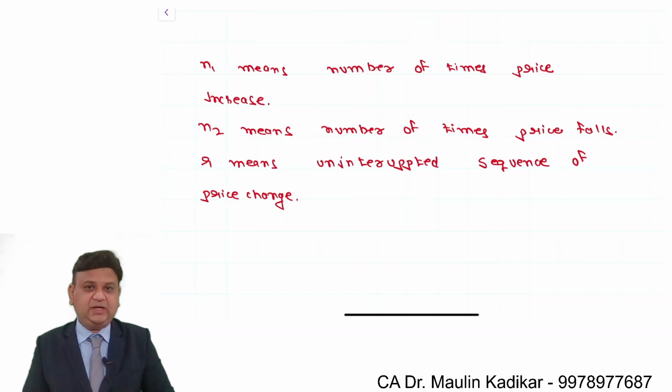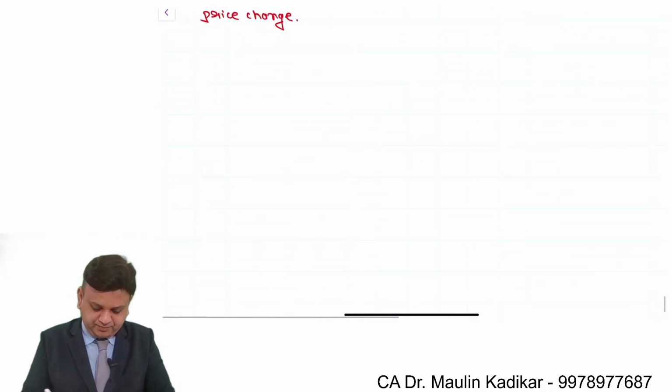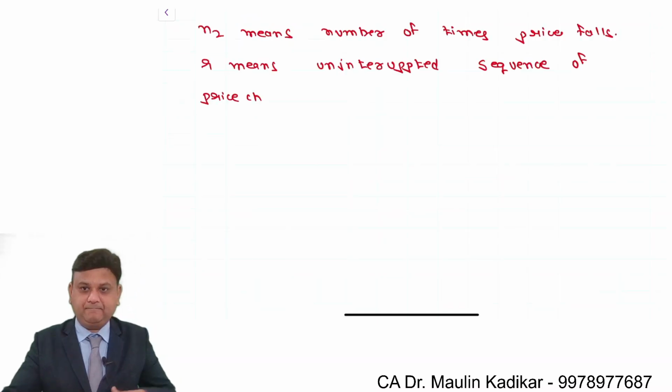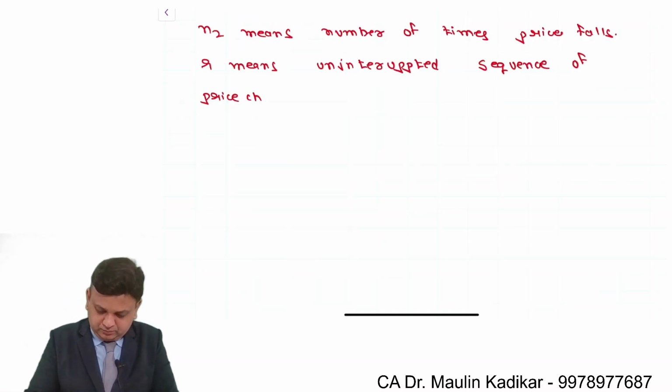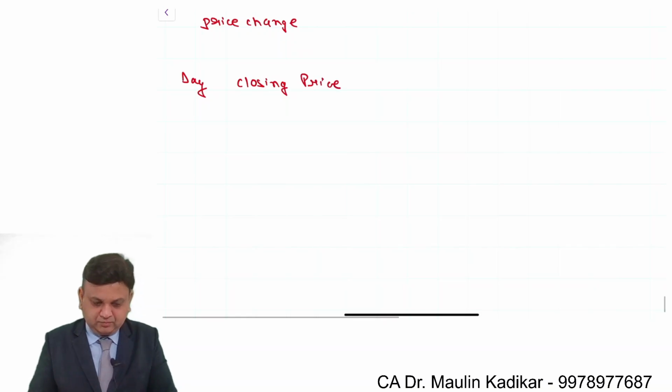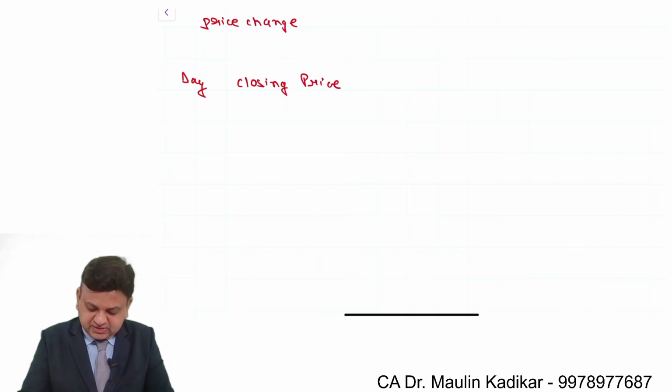Let us understand how to make the calculation. Column number 1 is day. Column number 2 is closing price. Column number 3 is increase, that is N1.